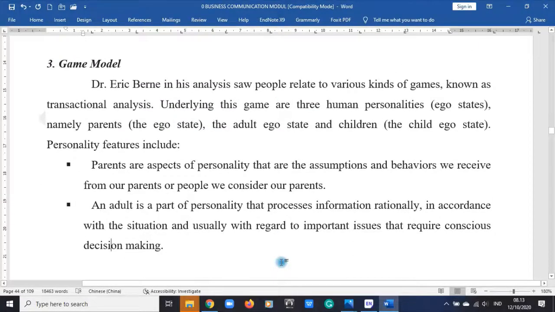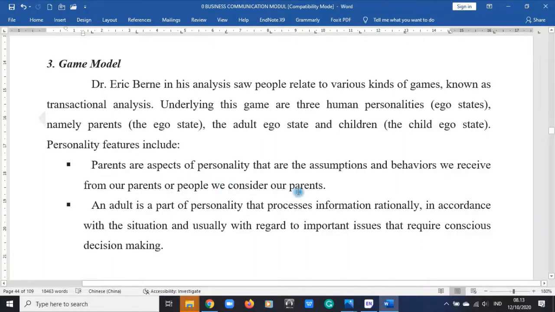And then the next part is the game model. Dr. Eric Berne, in his analysis, saw how people relate through various kinds of games, known as transactional analysis. Underlying this scheme are three human personalities or ego states, namely the parent, the adult, and the child. Parents are aspects of personality that are assumptions of behavior we receive from our parents or people we consider as our parents.